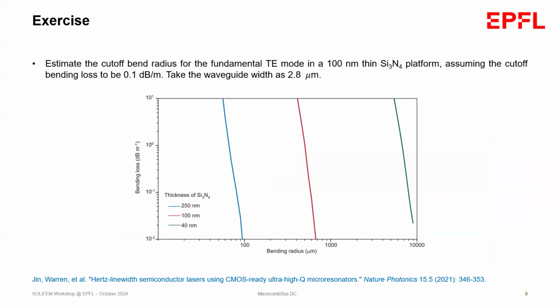So you can change the thickness to 100 nanometer, it is 200 right now, and change the waveguide width from 1.5 to 2.8. And you can run it again, find the bending loss from the table, export the table, and then run the MATLAB file.